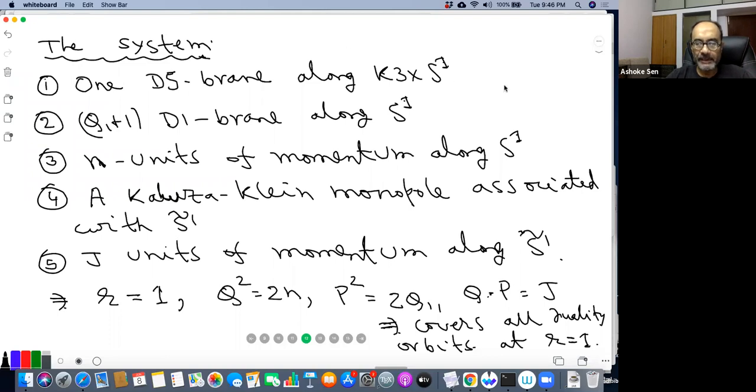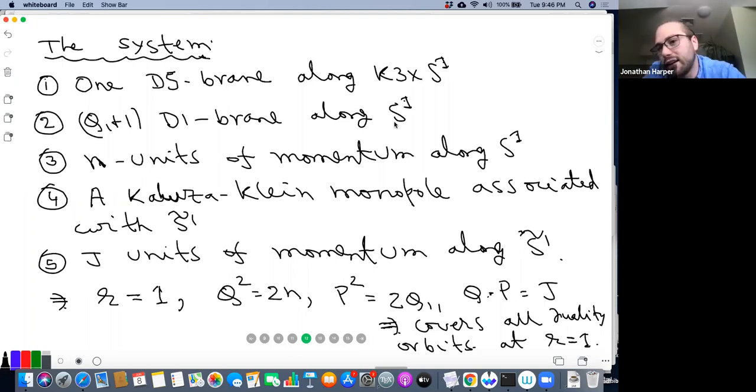So you use this duality map to convert these into some combination of Kaluza-Klein monopoles and NS5 branes and momentum and winding on the heterotic side. That gives you Q and P, and then you calculate explicitly this GCD.